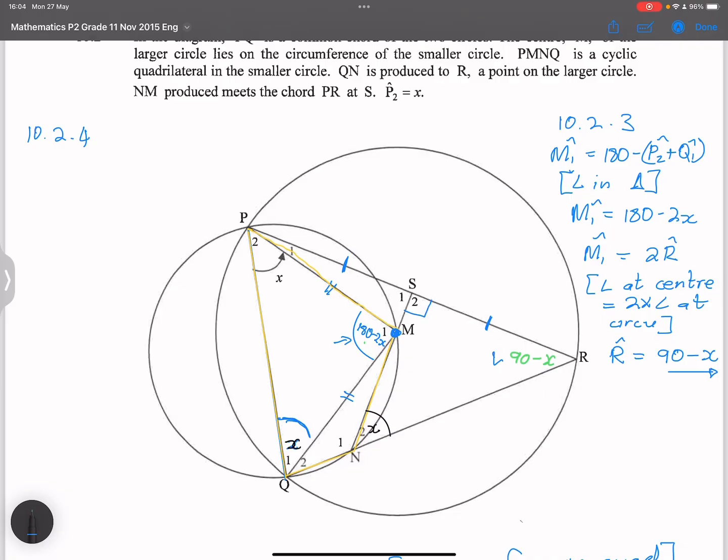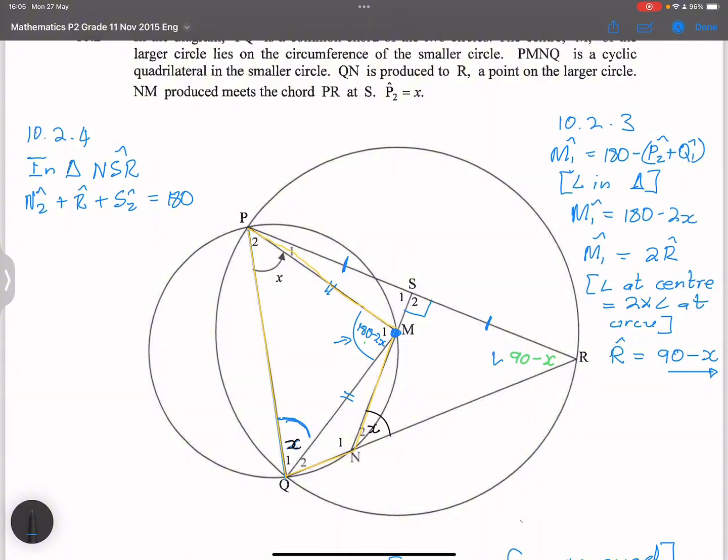Now note, in triangle NSR, the sum of angles on a triangle means that N2 plus angle R plus angle S2 are equal to 180.